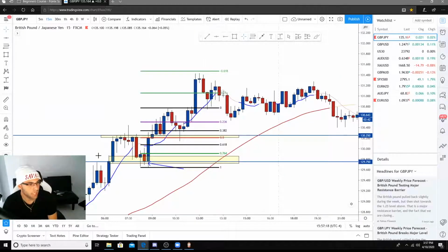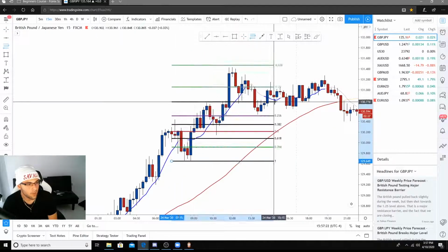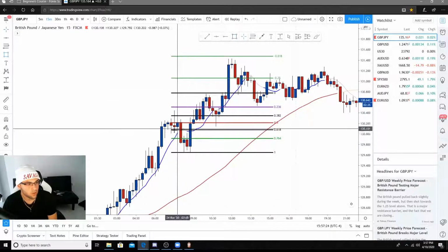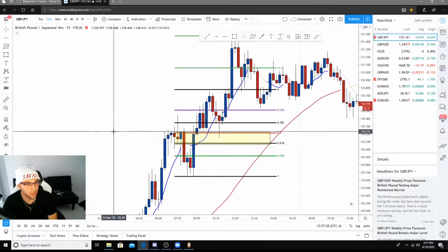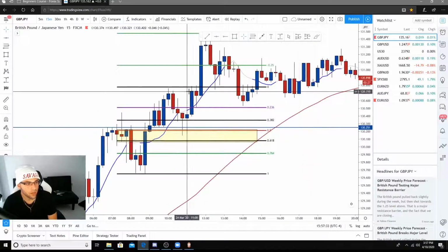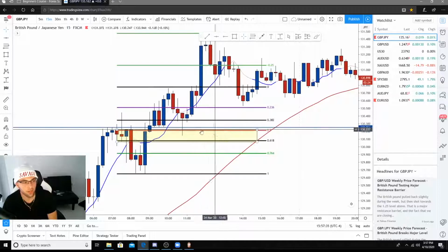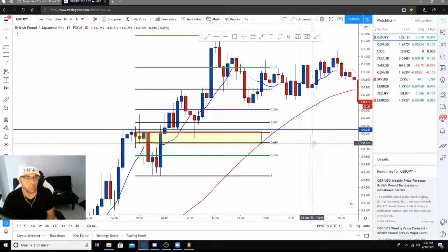You know what I'm saying? Like, hey, look, I want to buy here. This is my golden zone right here. Okay, we have a quarter theory point right here. Boom. Perfect. Price, after we bought, respected my golden zone and quarter theory point. Cool. That's all you've got to do, guys.